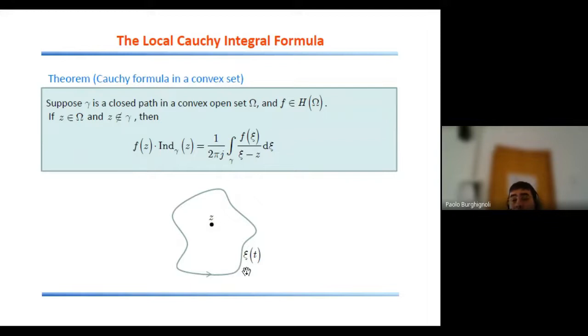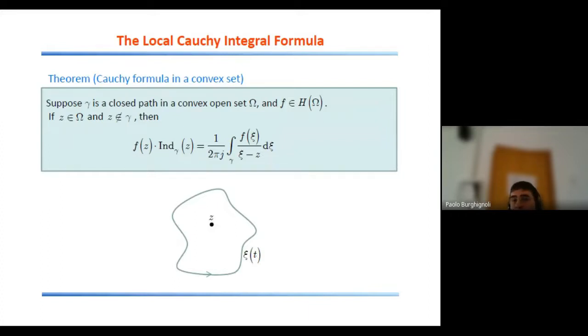So this tells us that if you know an analytic function on the boundary of a domain, that's enough information to recover the analytic function at any other point in the interior. So an analytic function is a very special object. If you know it on the boundary, then you know it everywhere inside the boundary of the domain.